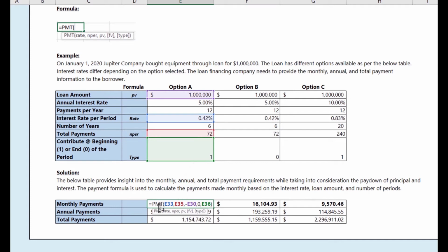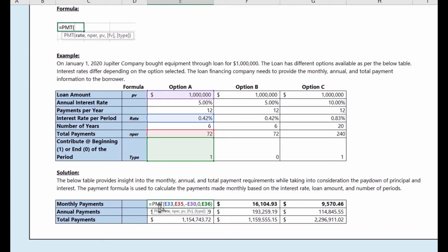The present value of the loan is equal to the $1 million, and so we're referencing cell E30. And the future value is 0. That is, the loan will be paid off at the end of the 72nd payment period. It will have a 0 balance at that time. The type is 1, and therefore payments are going to occur at the beginning of the period.